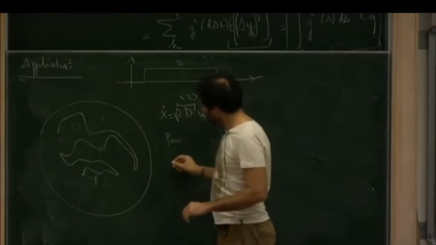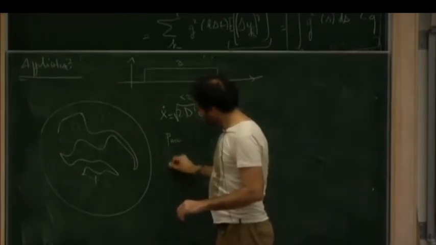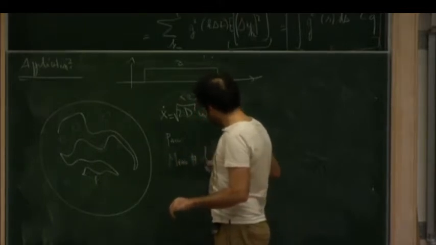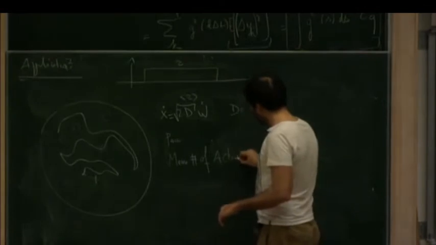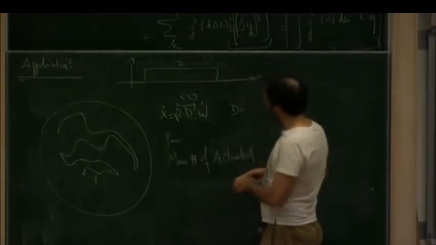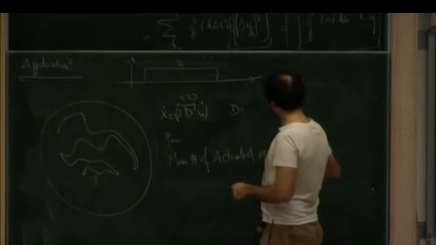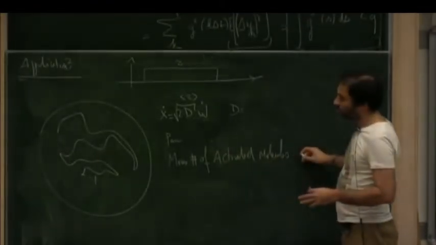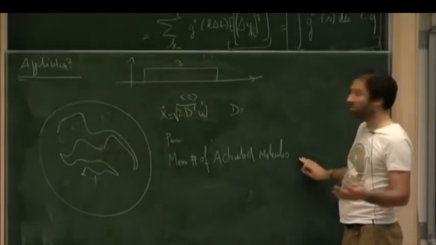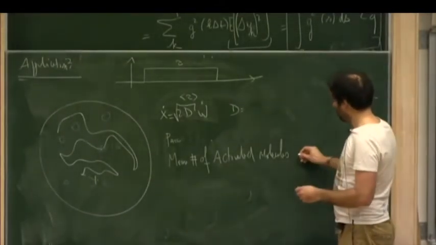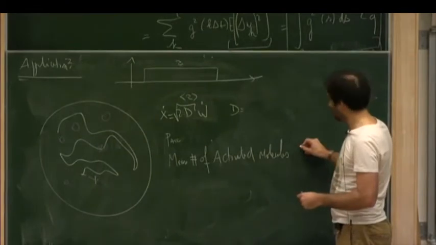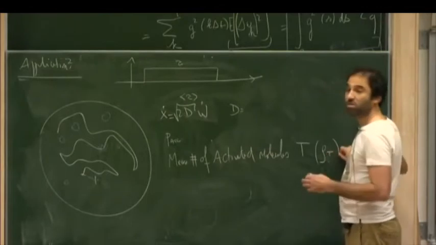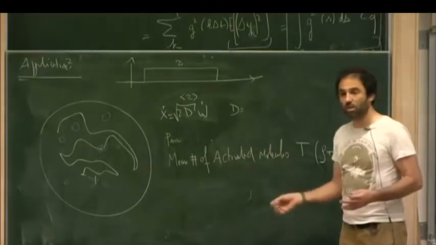I'm interested in the mean number of activated molecules. Let's say the population is represented by its density. You have a population of molecules, and there is a density rho of T. Suppose this is known. So how do you do this calculation?